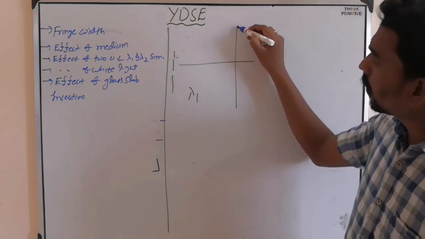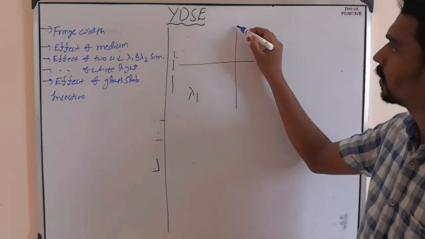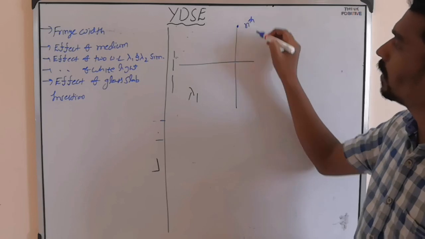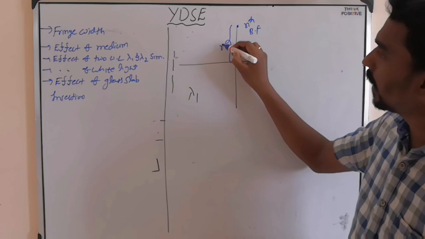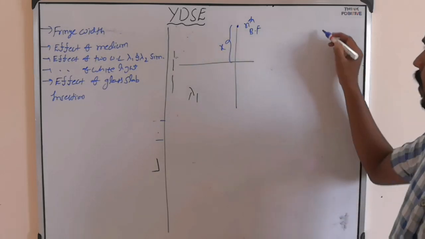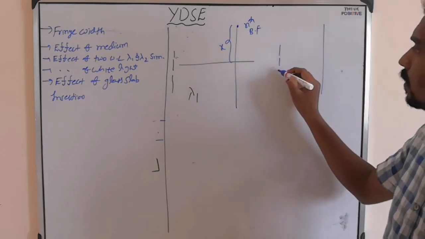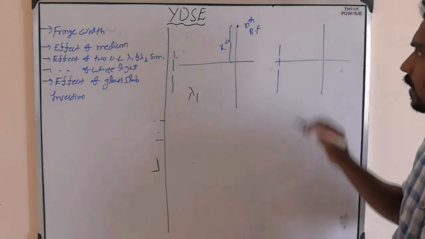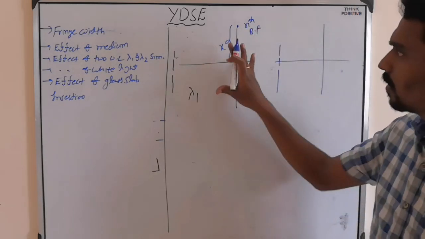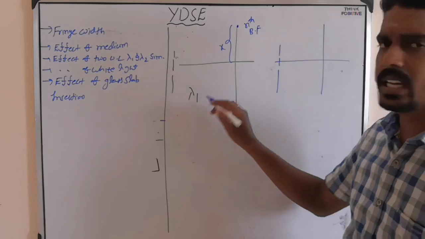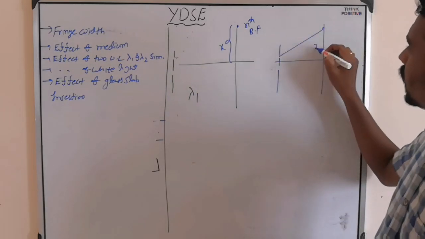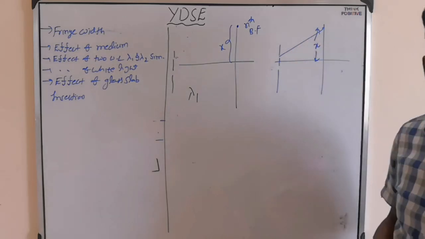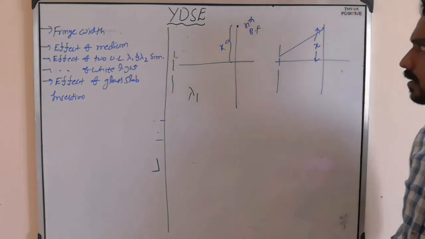Now, at a particular point, you got the nth bright fringe at a distance x. Now you have changed the wavelength. Just change the wavelength; the setup is the same. Small d, capital D, everything is the same. Now, at the same distance x.